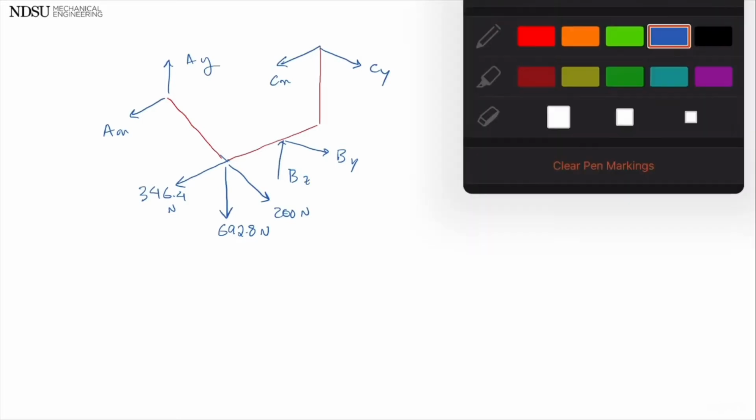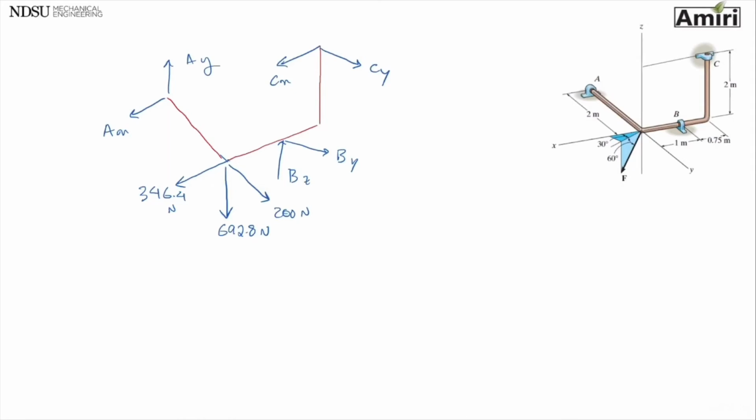So to do this one, I am going to start with my 3 equations that I have for forces: summation of forces in X, summation of forces in Y, summation of forces in Z. Anything that points this way, positive.